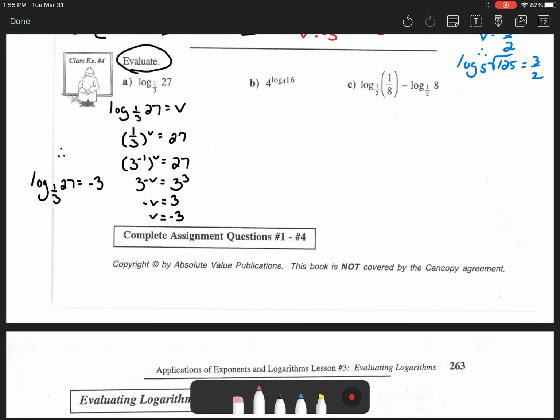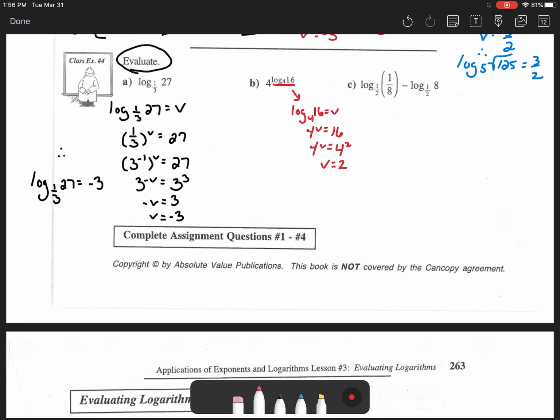In B, all right, so the issue in B is that this is what I need to figure out, the value of the exponent, because it's 4 to the exponent of log base 4 of 16. So it's going to be like this. I'm just going to deal with this part first. So I'm going to say, okay, log base 4 of 16 equals, okay, an unknown variable. So 4 to the exponent of v is equal to 16. 4 to the exponent of v equals 4 squared. So v is equal to 2.